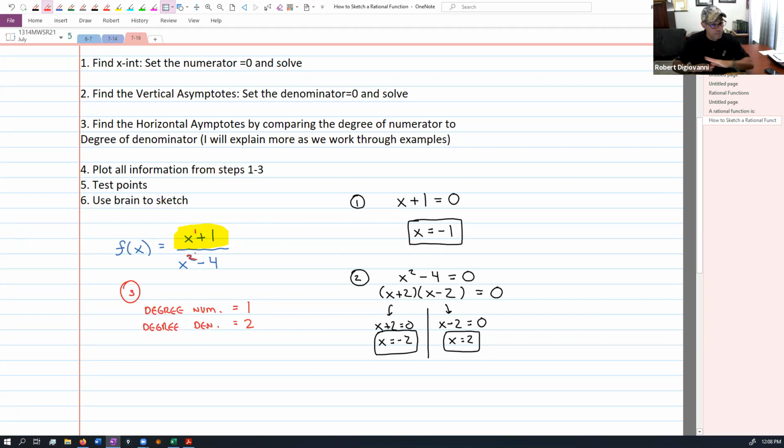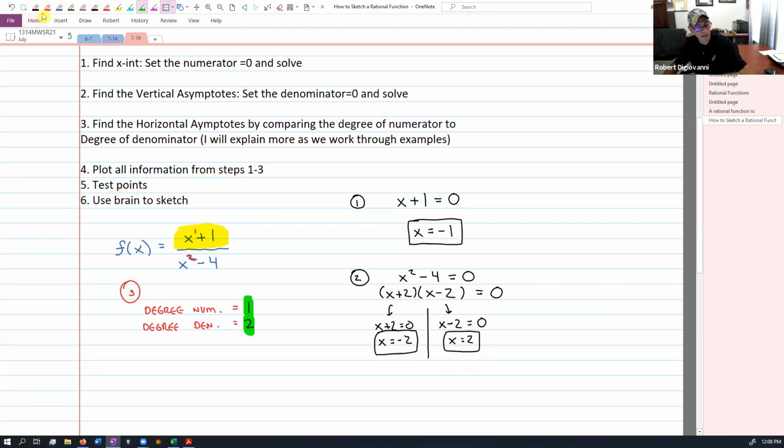So for every problem that you ever do that's a rational function, you will always compare the degree of the numerator and denominator to one another. How many different scenarios could we have? We're always going to have 2 numbers, right? 1 and 2. Those numbers can either be different, or they can be the same. Here's the comparison you want to make.